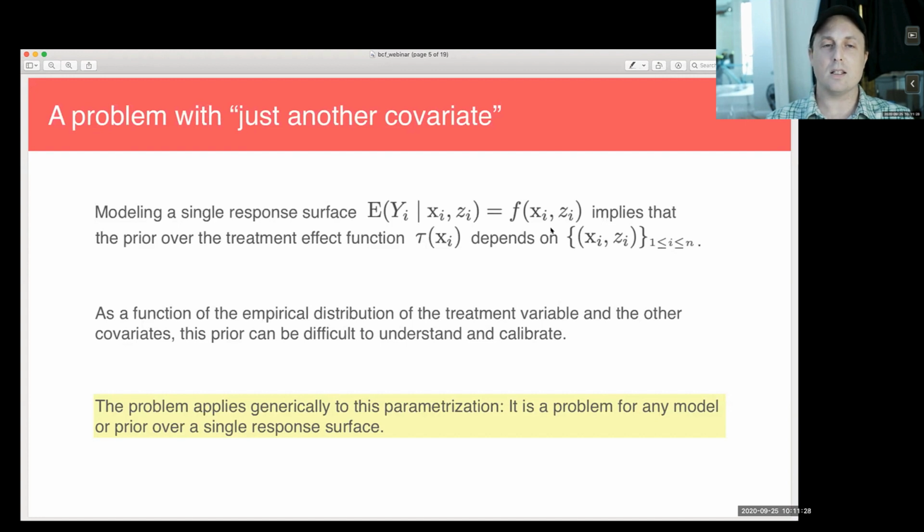And again, the fact that you don't have a direct way to vary the regularization on the treatment effect is a problem that's generic to this parameterization. And so we think this parameterization is hard to work with. Later on, I'm going to show you some comparisons between these three, and hopefully you'll see what I mean more concretely.